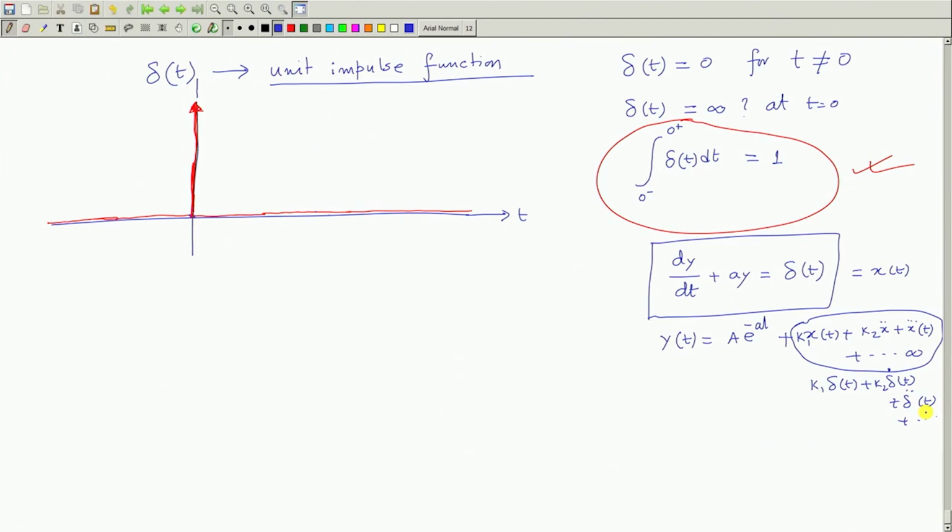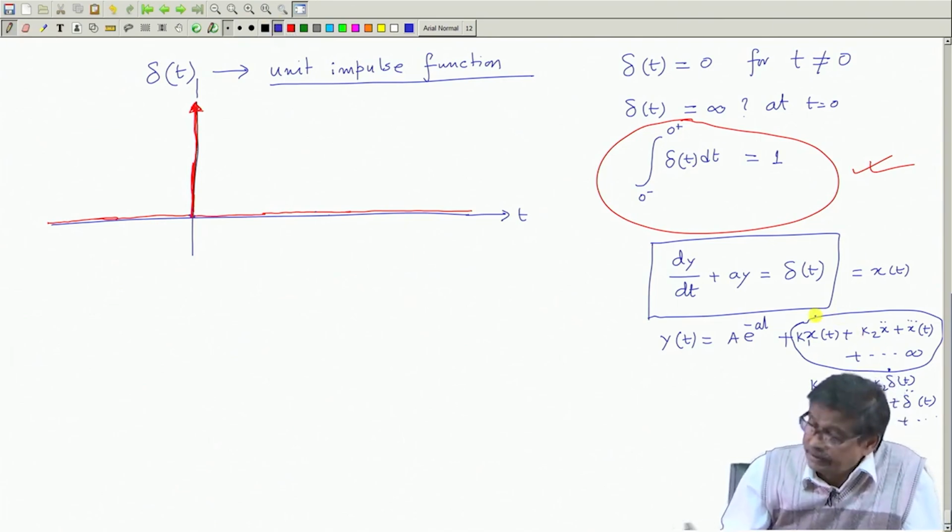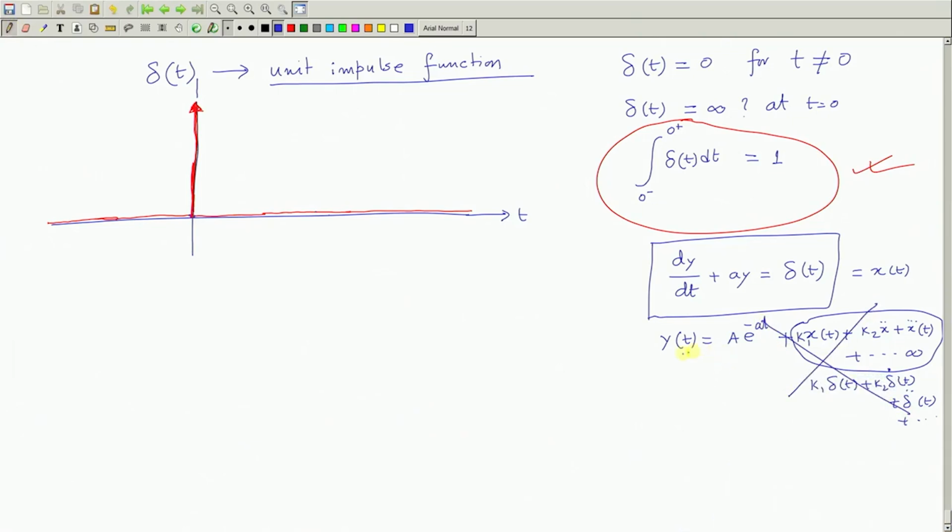It cannot be like that. So, we have to find the solution with an open mind, and I will do it in this fashion. Therefore, this is not correct here, the solution we do not know. So, the y t part of course will be there.